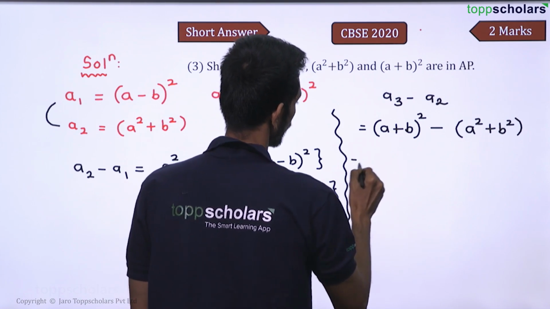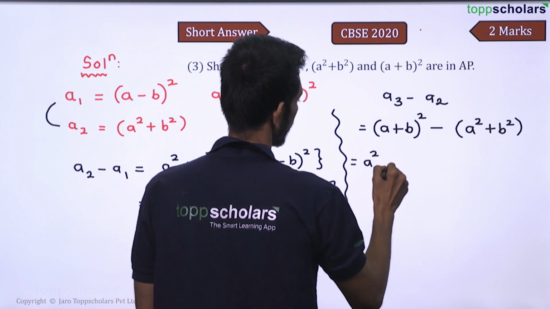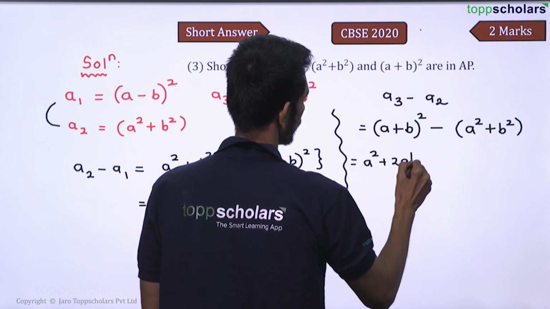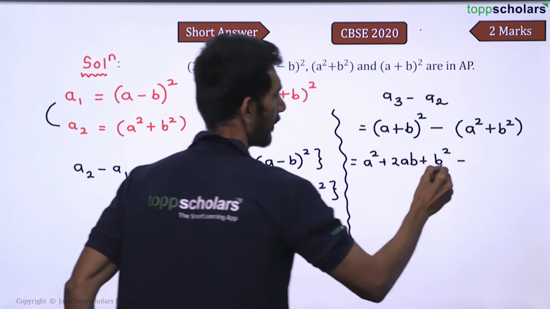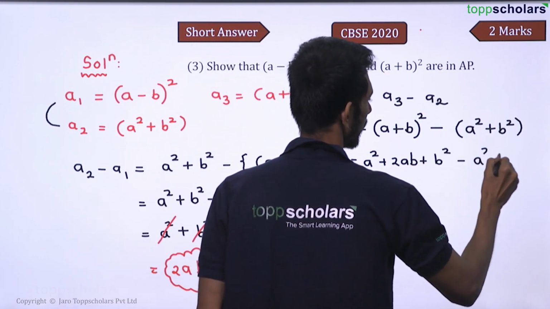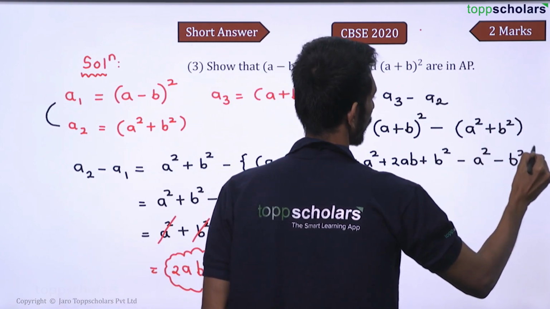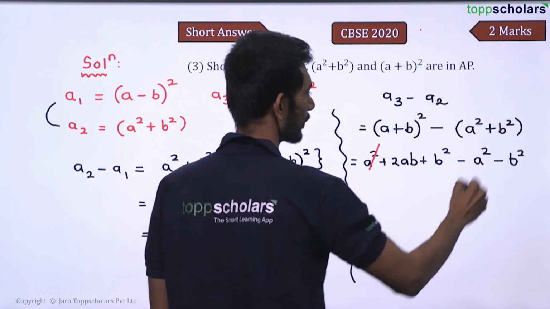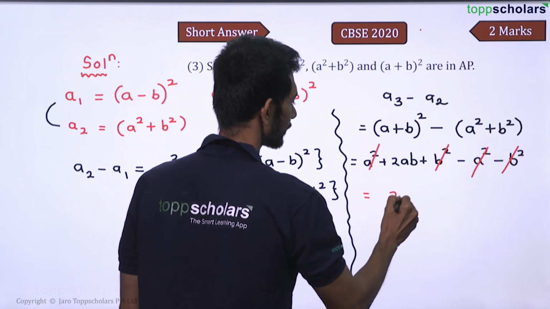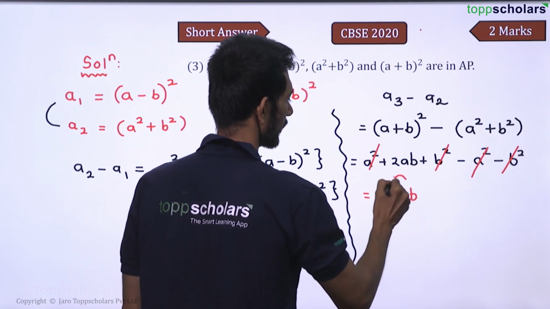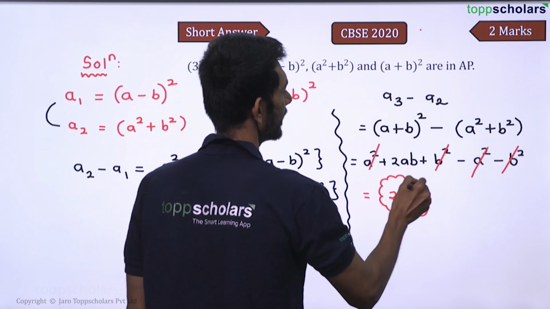So this is equal to A square plus 2AB plus B square, then minus A square minus B square after opening the bracket. A square gets cancelled, B square gets cancelled. You get 2AB again.